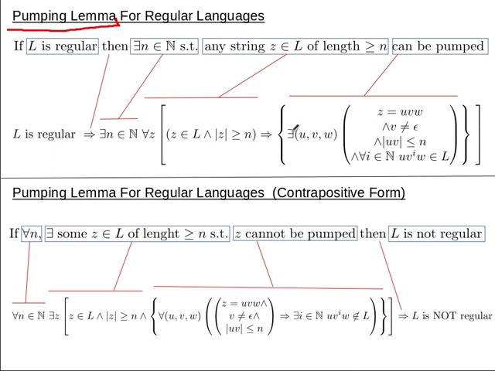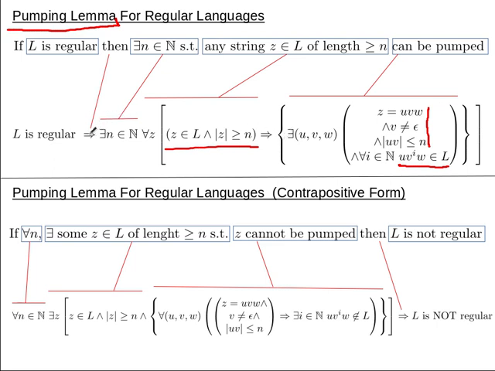Sorry, this is the Q part, and then after this, for all i, this is the R part. So up to this we have one thing, and then here we have another thing.